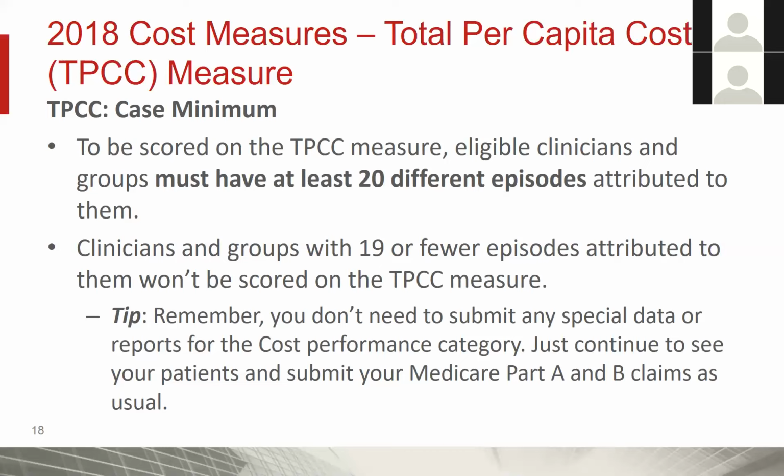And again, just a friendly reminder and tip, you don't need to do anything separate or special to submit your data and evaluate the reports in the cost performance category. Just continue to see your patients as usual and submit your Medicare Part A and Part B claims, and CMS will collect that data and will be able to score you based on those claim submissions.